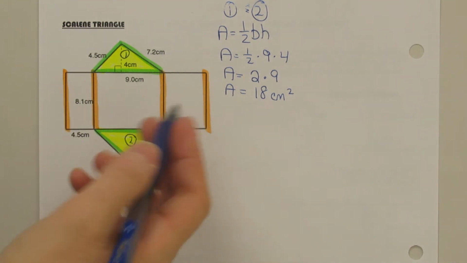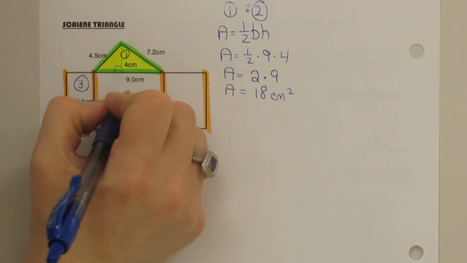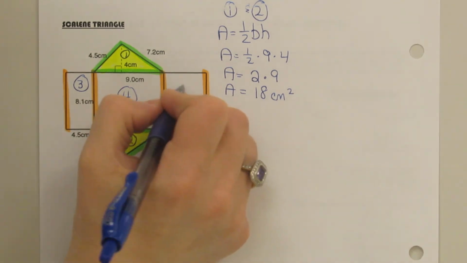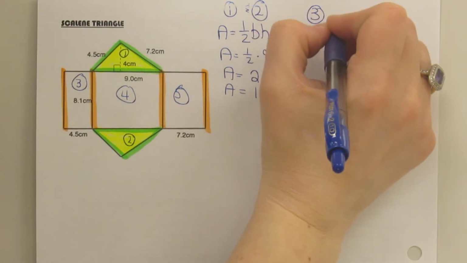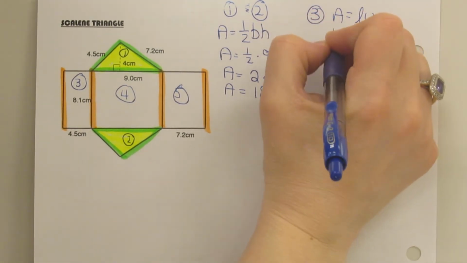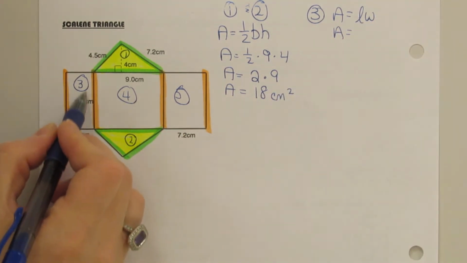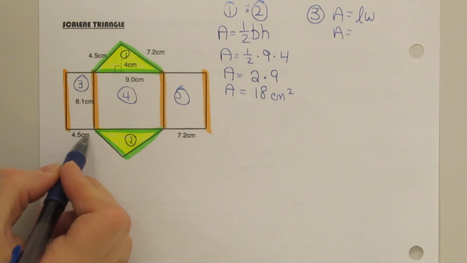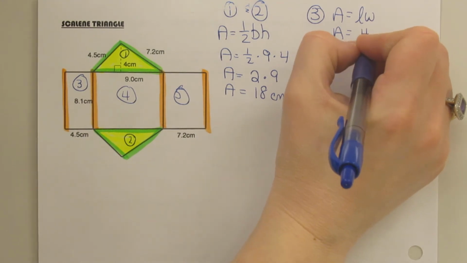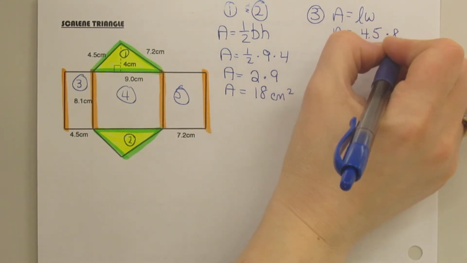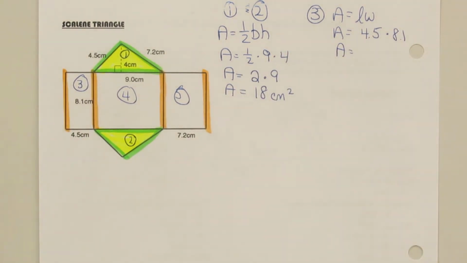Then I'm going to find the 3 rectangles, so side 3, side 4, and side 5. So side 3, area equals length times width. So the length and the width of this little rectangle is 4.5 by 8.1. So I'm going to multiply those two numbers.